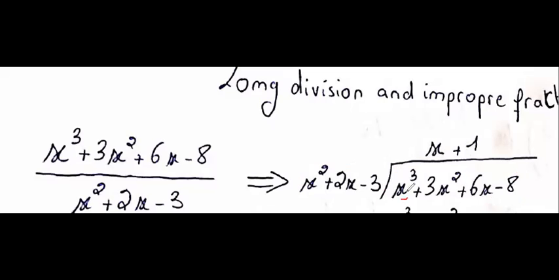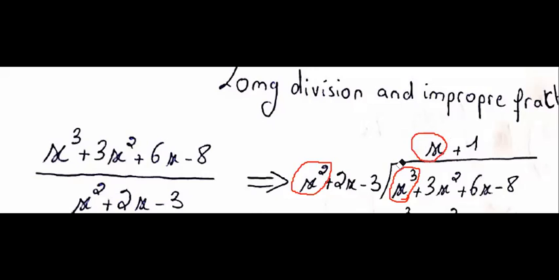First of all, we divide the first term from the right by the first term from the left-hand side. So we divide x cubed by x squared. So x cubed divided by x squared would give me x.